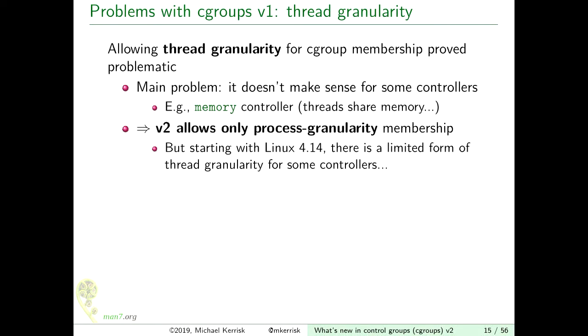So in version 2, at least initially, there was only process-level granularity for Cgroup membership. In other words, all the threads of a multi-threaded process must be in the same Cgroup. Now, starting in kernel 4.14, about a year ago, there's been some backtracking on that decision, and now there's a limited form of thread granularity. I'll come back to that if I've got time.